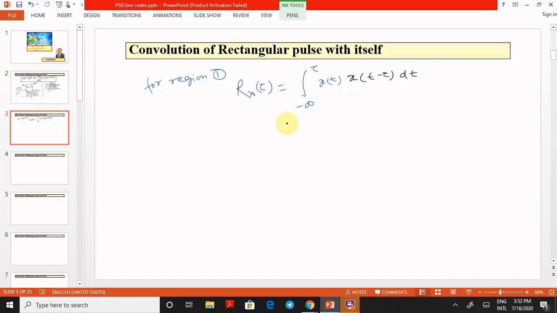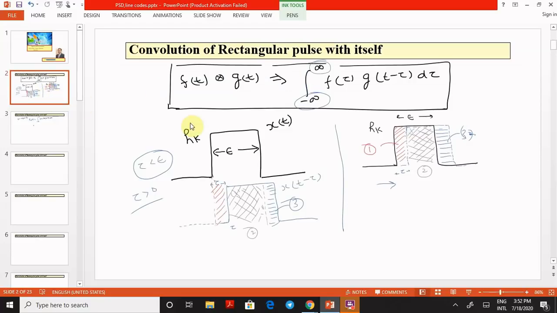In region 1, the limit will be from 0 to tau, but if we are talking about convolution, we have to do it over the entire real axis, so from minus infinity to tau.